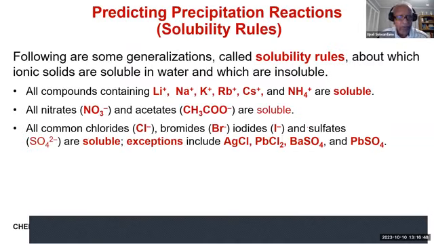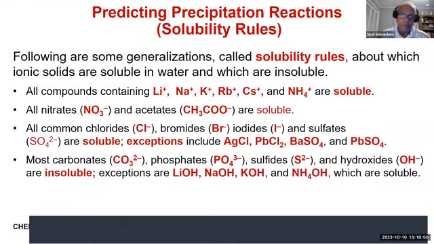Now we go over these solubility rules. All the cations of group 1A, group 1A is lithium, sodium, potassium, the first group of the periodic table, and the ammonium ion.